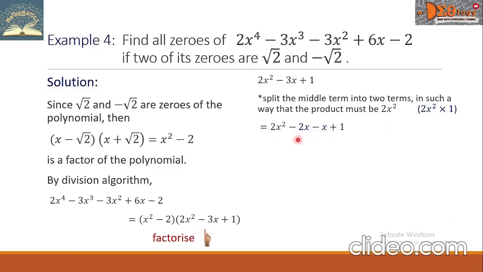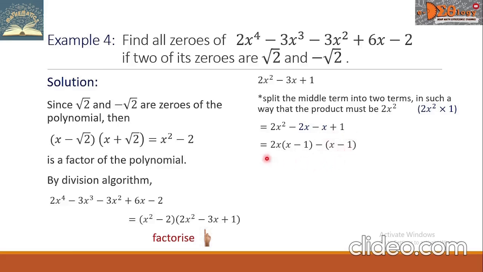Then we group the first two terms here and the last two terms. In the first two terms, there is a common factor, and that common is 2x. When we factor it out, what remains in the first group is x - 1. In the second group, the common is the negative sign. When we pull it out, what remains in the second group is the x - 1.